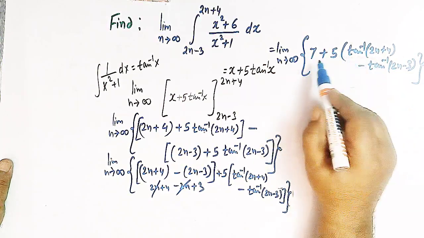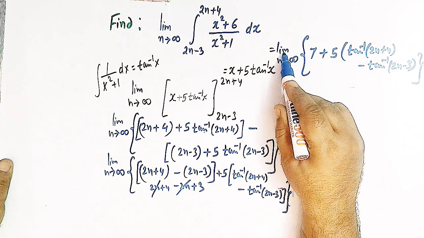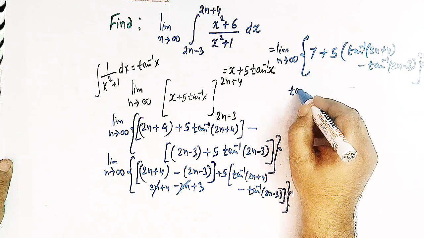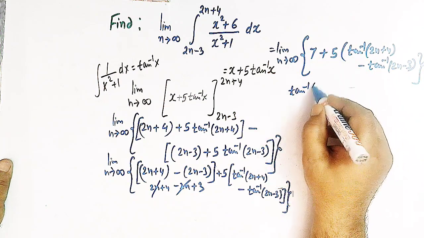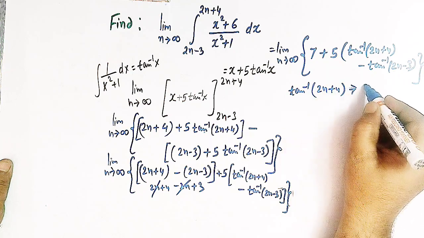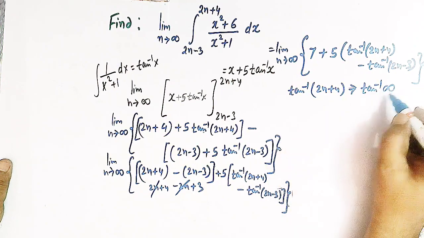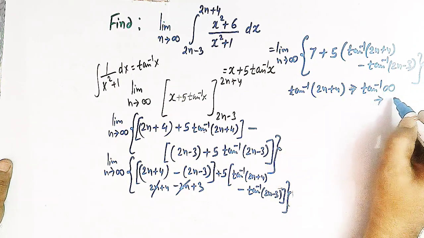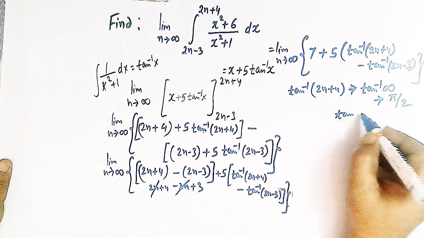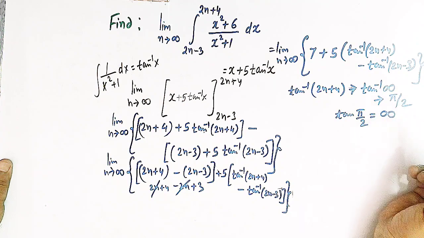Now we can take the limit here, and we can easily see that when n tends to infinity, tan inverse 2n plus 4 tends to tan inverse infinity, and that tends to pi by 2, because tan pi by 2 is not defined, that is infinity.